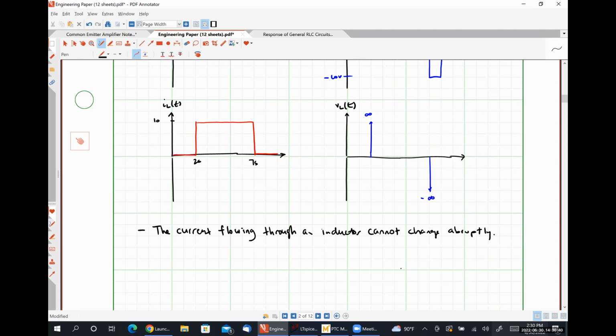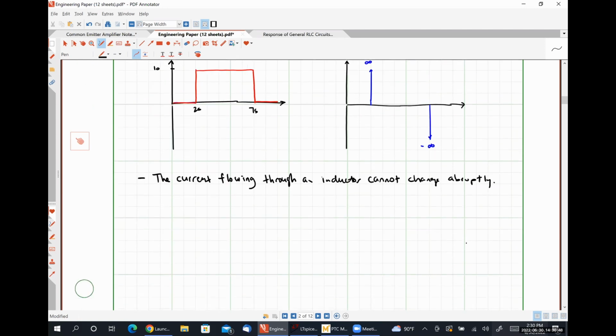What we're going to do now is we're going to mathematically manipulate that first equation to develop our second relationship. So I'm going to rewrite it down here. VL of t is equal to L di by dt. And now I'm just going to multiply both sides by dt.